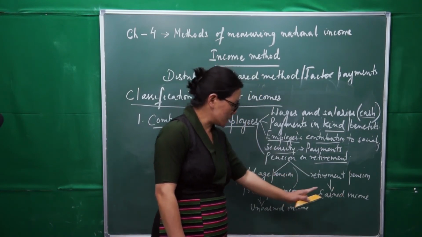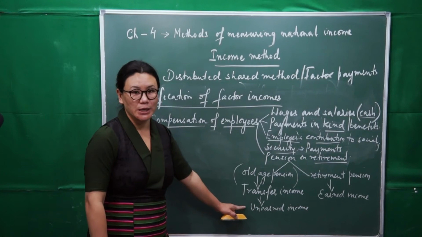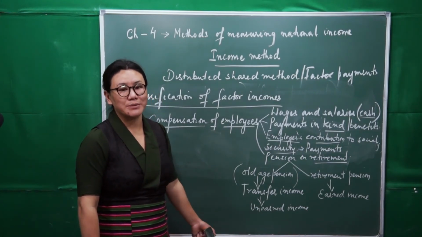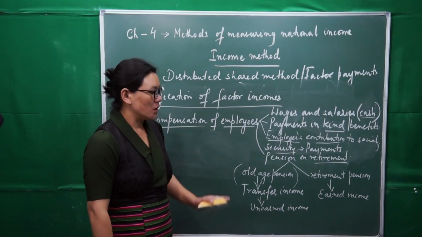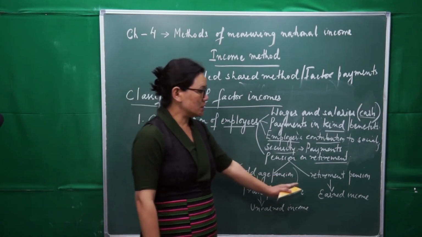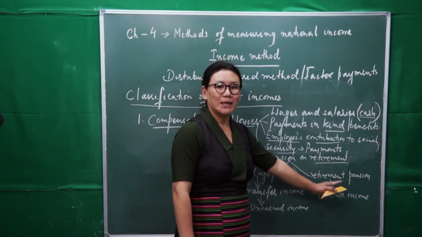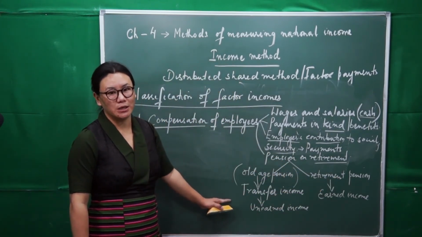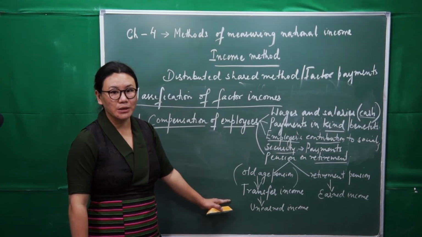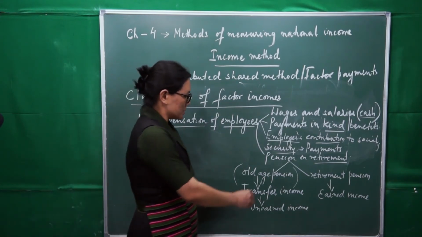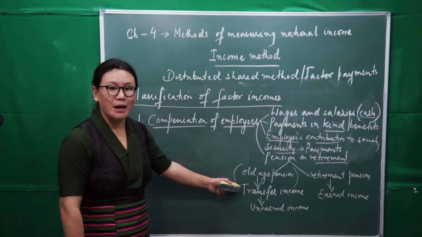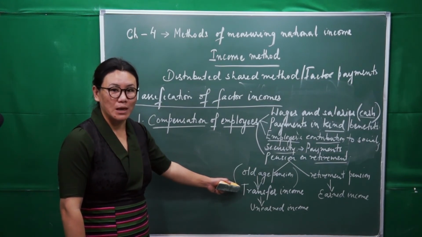So this is earned income, this is unearned income. Now in the estimation of national income, I've said before that only earned income will be included, not the unearned income. Is that clear? Okay. So this one, in board exams, they are asking it for 1 mark.